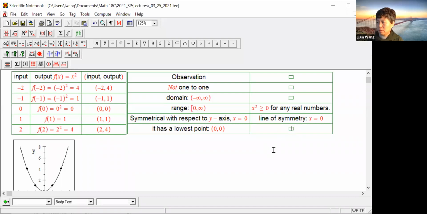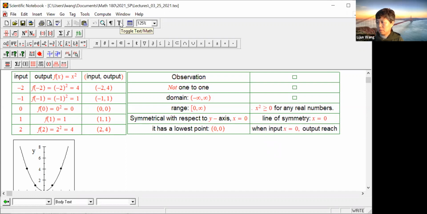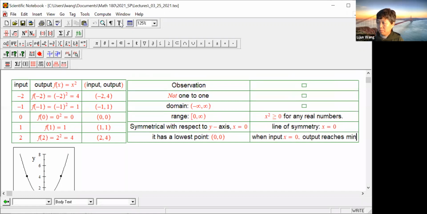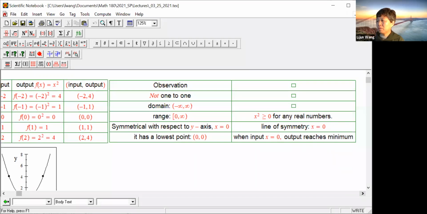When the input x is 0, the output reaches a minimum value.